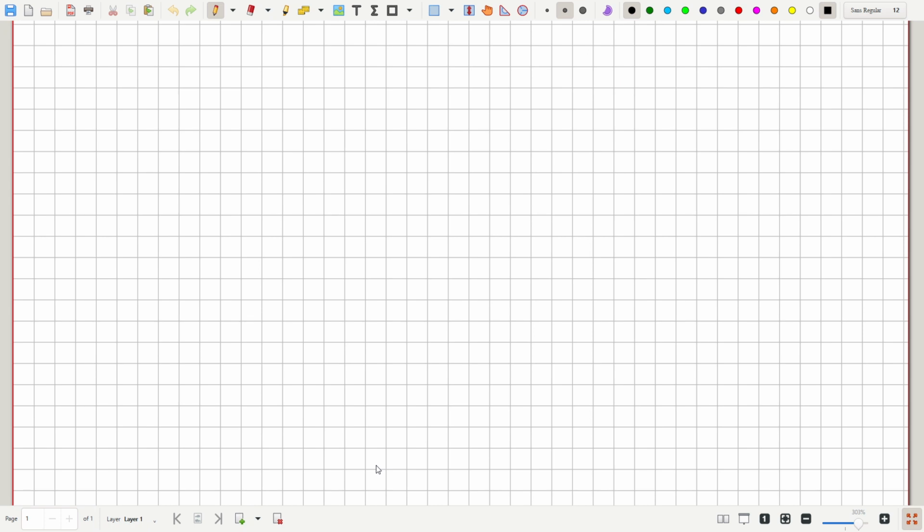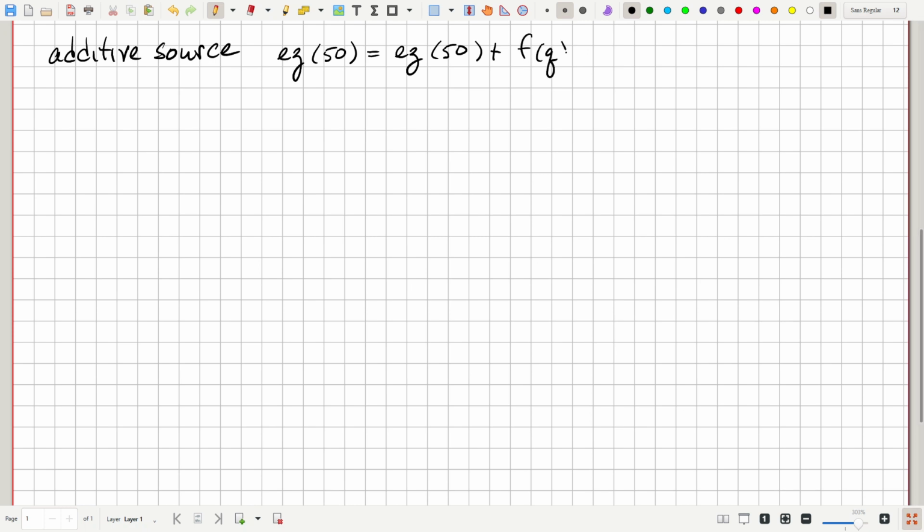Now, one of the things that we noticed was when we used this additive source, and we wrote something like, say, EZ at m equals 50 becomes EZ at m equals 50 plus some f of q. Q is the time index. Now, what we saw in the simulations is that this produced two waves.